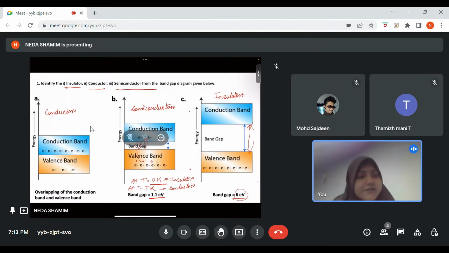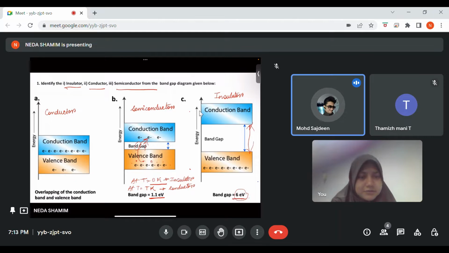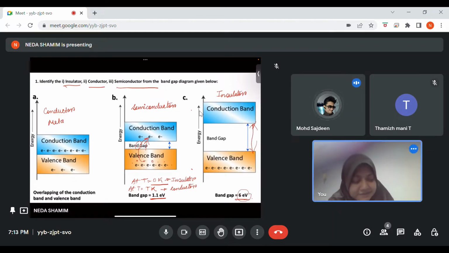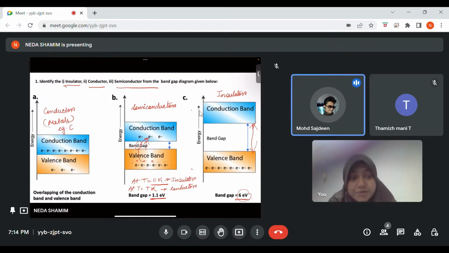Can you give an example of a conductor, semiconductor, and insulator? Conductors are all metals, for example copper, iron.